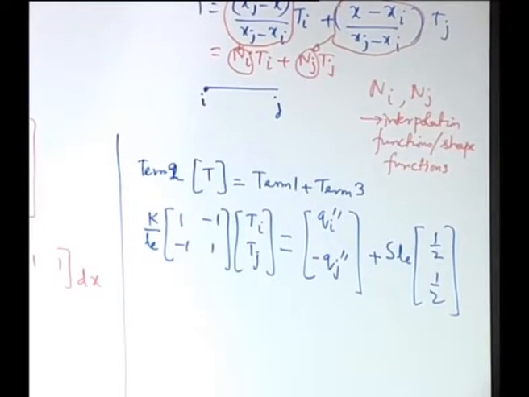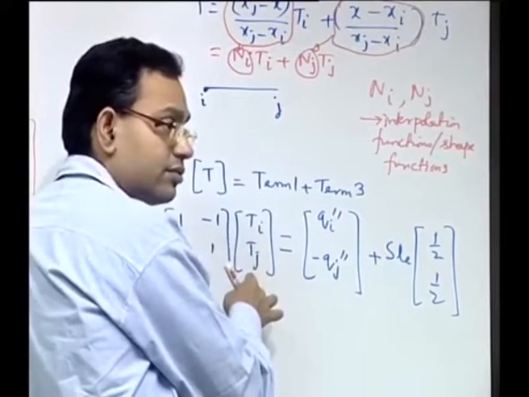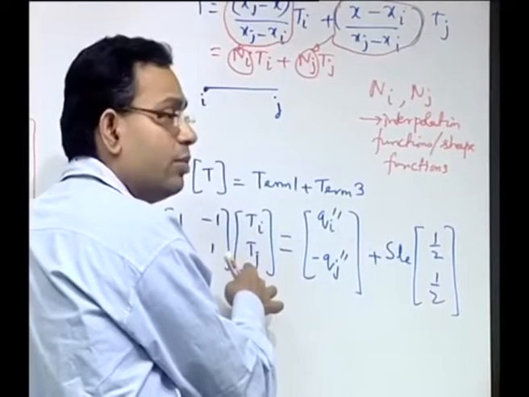This is what you write for each element, just your i and j will be different. For the first element i will be 1, j will be 2.